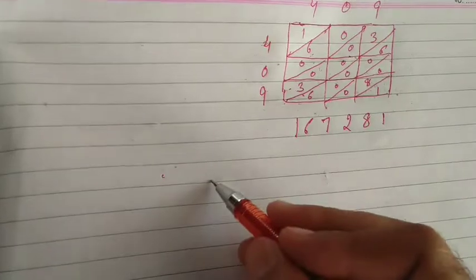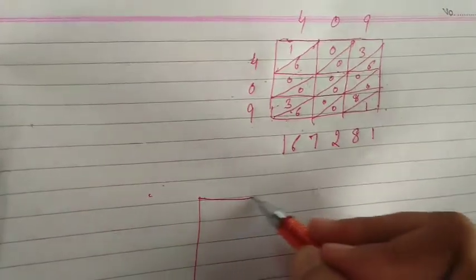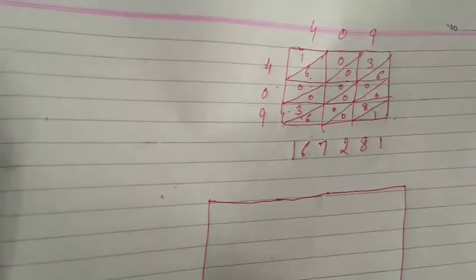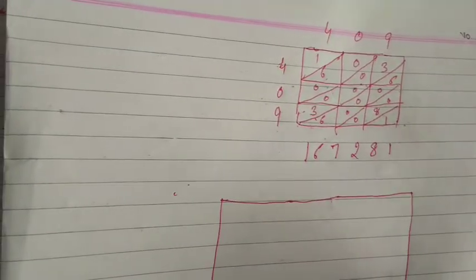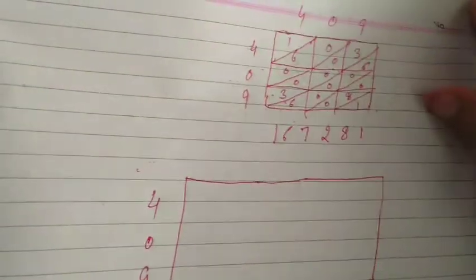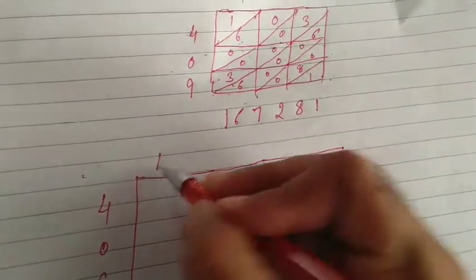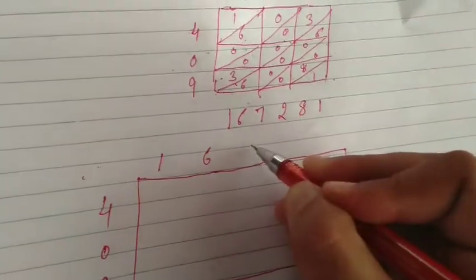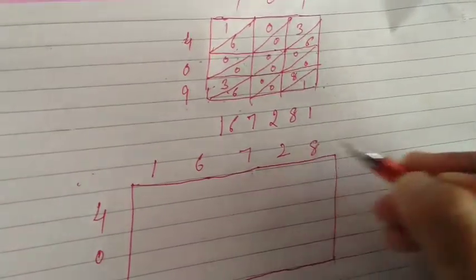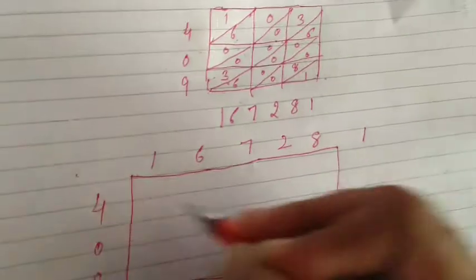Again draw the box. Now we will multiply 409 with 167281. At first we find square. Now we have to go for cube. 167281.